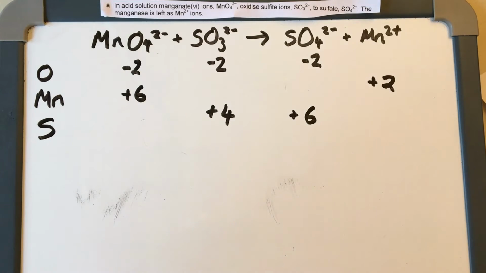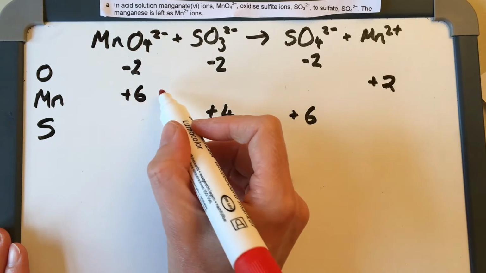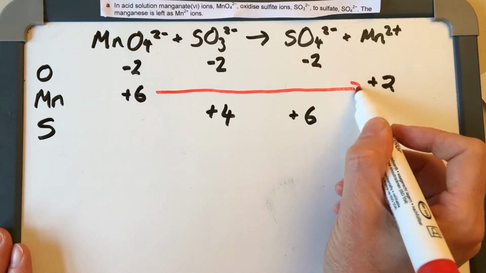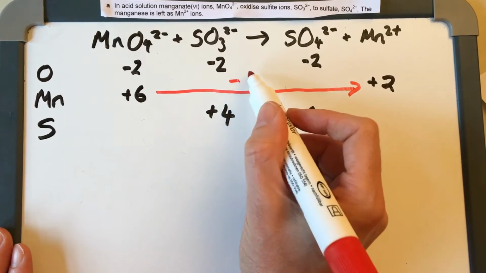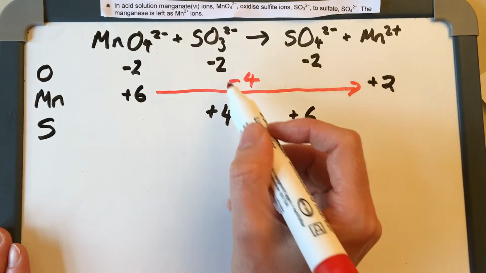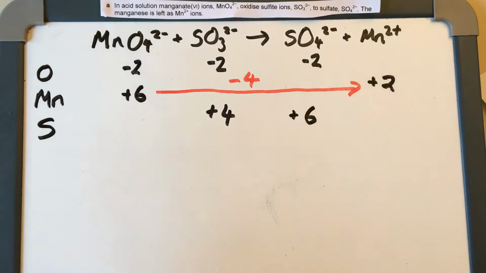So the next stage is to use those oxidation states to look at what is being oxidized and what is being reduced, and how many electrons are involved in each of those processes. So you can see the manganese has gone from +6 to +2, so that's gone down by 4. It's been reduced, and that involves gaining 4 electrons.